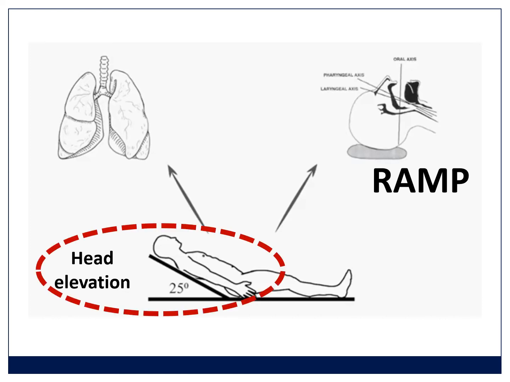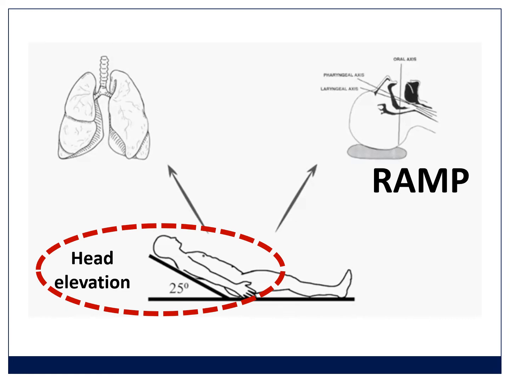The first is that you should get the head elevated at 25 degrees. Much like you would have an elevated head in ICU, turn the head of the bed up to 25 degrees. And what that does is it improves the functional residual capacity. So it actually allows those lungs to open up a little bit more and potentially reduces your time to desaturation. And you should do this in all your patients.